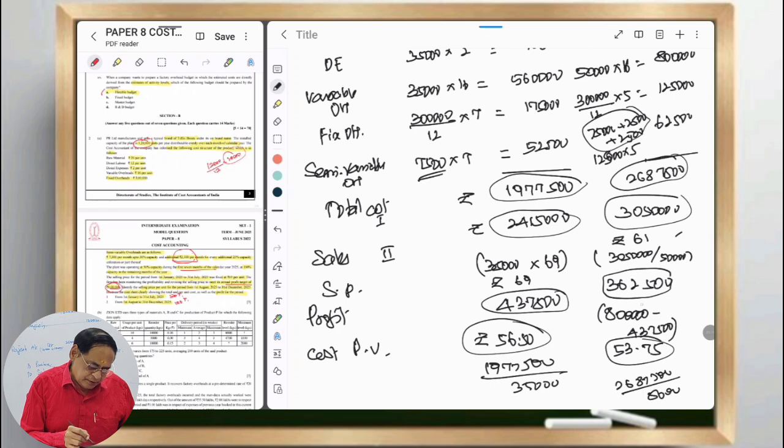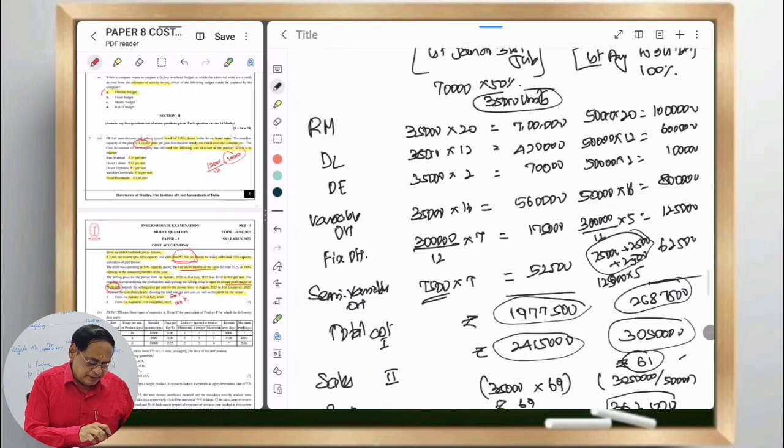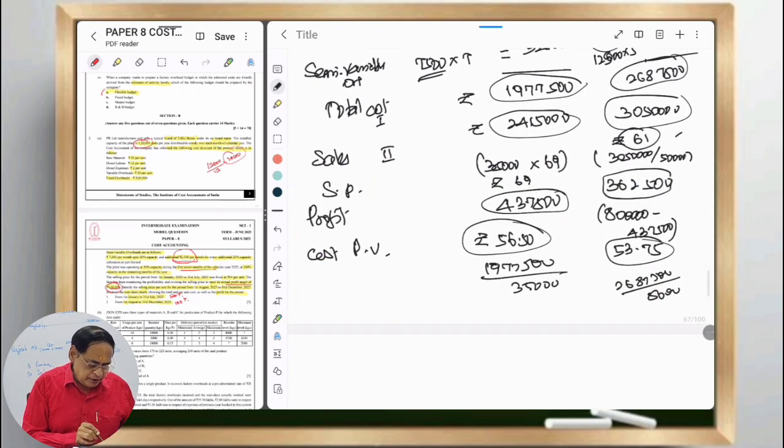Sales rate is 61 rupees. Please listen, in the case of 50% capacity, the cost per unit is 56.50, selling price per unit 69 rupees. In the case of 100% capacity during the 5 months ended 31st December, the cost price is 53 rupees 75 paise and then selling rate 61 rupees.